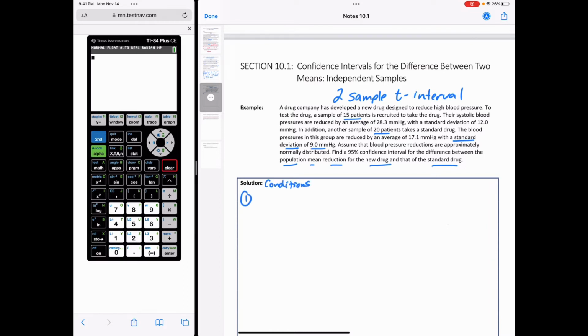It doesn't specifically say that they did random samples in this. Probably they did random assignment of the groups, because it's an experiment, but you can assume that. So I'm going to say 2 random samples. I think that they're both independent.